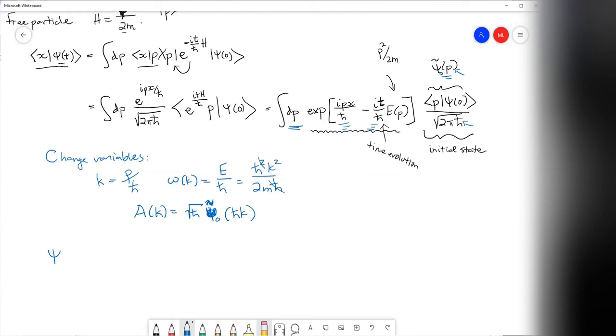the end result for the time-dependent wave function, I'm just going to write it down, just a little bit of algebra. This change of variables just cancels out all the H bars, and you get 1 over square root of 2 pi, then the integral from minus infinity to infinity of now dk.